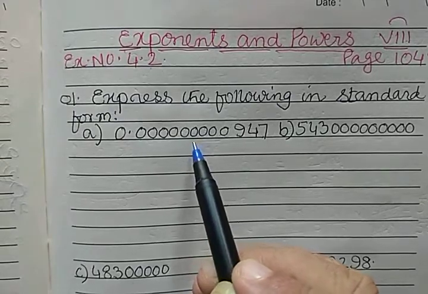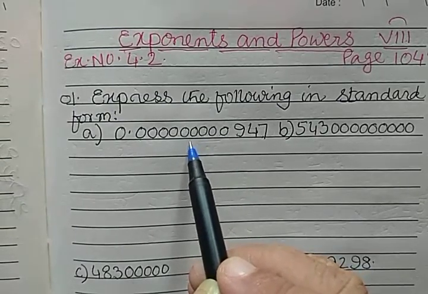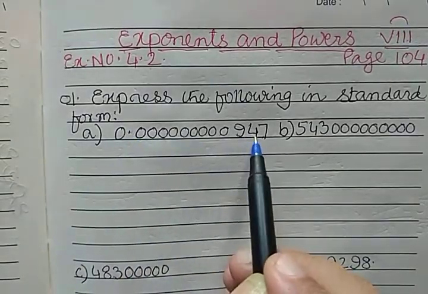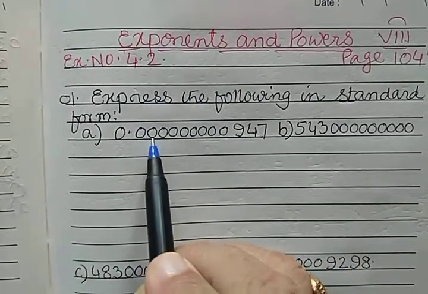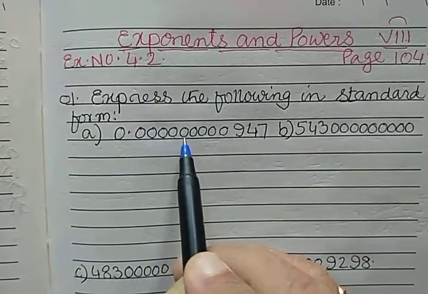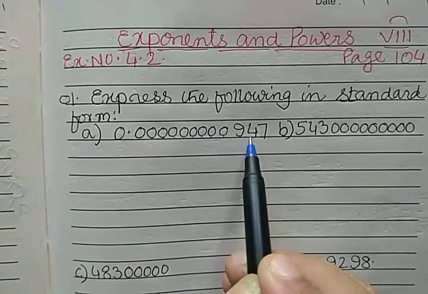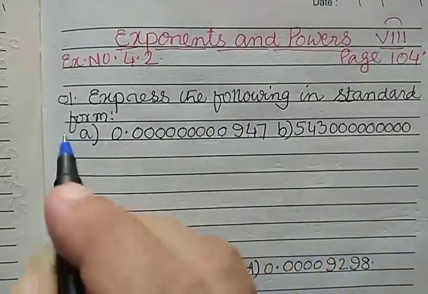Why 10 to the power of 12? Because after the decimal, you have 12 places.